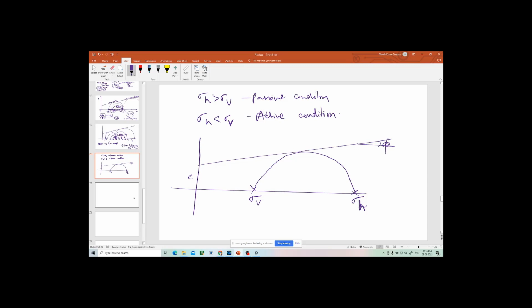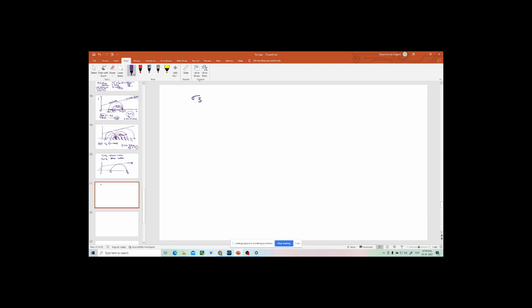Now if I write again sigma 1 equal to sigma 3 tan square alpha plus 2c tan alpha, where alpha equal to 45 plus phi by 2.